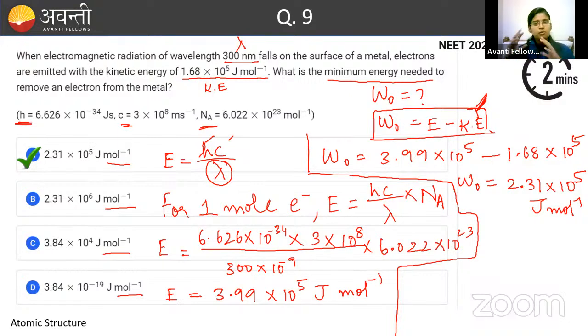From the given formula, I take the known values and go for the unknown terms. To find the unknown term, I use the formula which has to be applied, solve for that value, and put it in the main formula to get the answer. Got it? So this is how you have to solve.